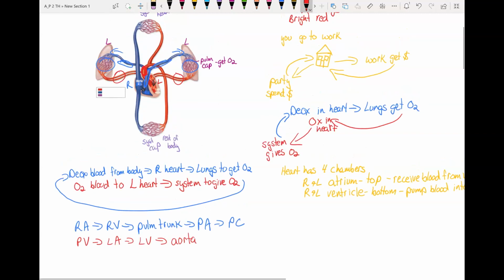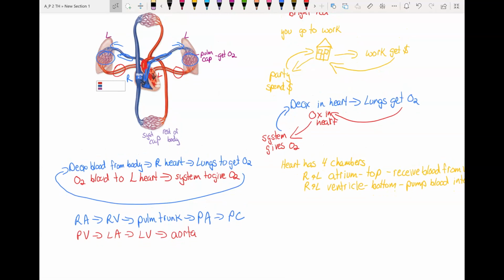The aorta branches, and in chapter 20 we're going to learn the names of a lot of these arteries and veins, but for now we're just going to call them systemic arteries or systemic veins. So you have branches that come off of the aorta. All of these branches that go out to all the parts of the body we can collectively call systemic arteries. So from the aorta, you branch out into systemic arteries.